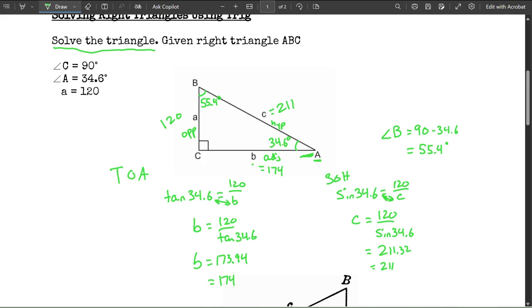Okay, so that is how we can find both of our sides and our missing angle given the information they provide. So again, they provided two angles and one side. So when that's the case, you're going to be solving for the missing sides, B and C.